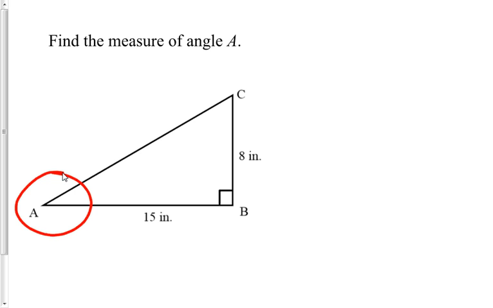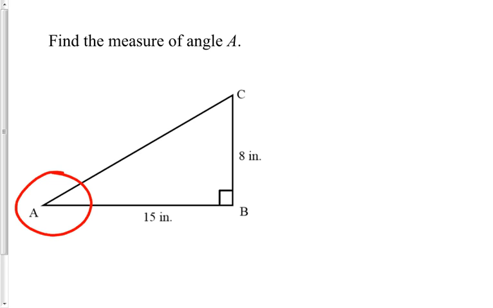Obviously, we're trying to find angle A, so that's the angle we're starting from. Looking at what side lengths we know, the opposite side is 8, and we know the adjacent side is 15. So we're going to choose tangent because opposite over adjacent is tangent.